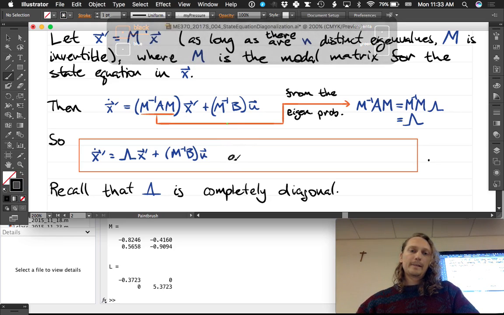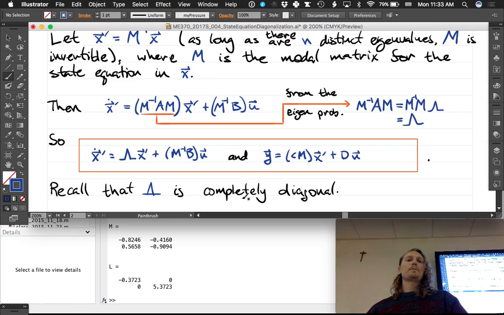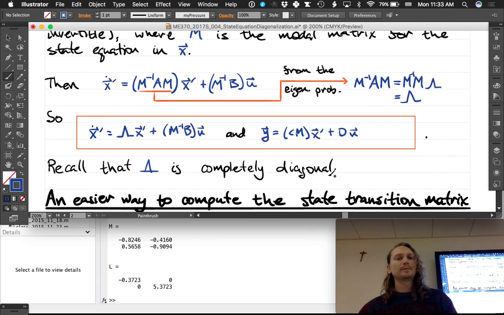And y is equal to, the C matrix changes by multiplying the original C matrix by the modal matrix M, x prime, plus just the original D matrix times U. So recall that lambda is completely diagonal, and so this is our diagonalized form of our state equation.